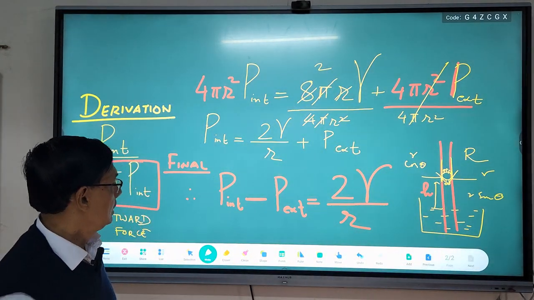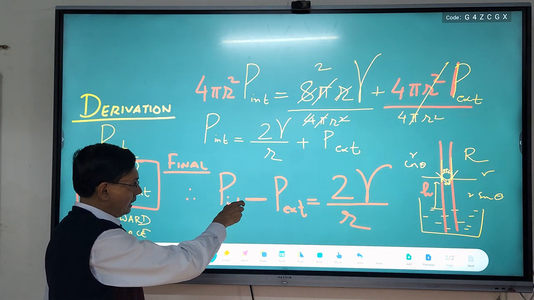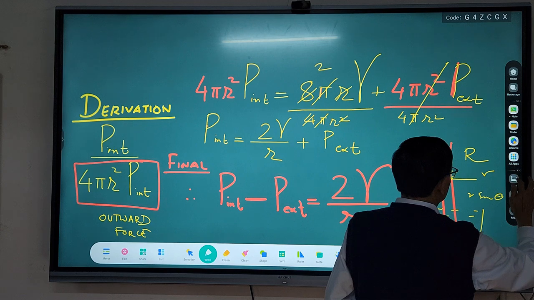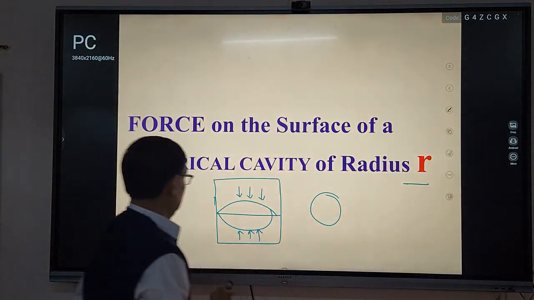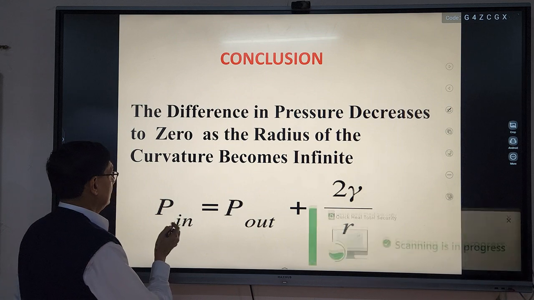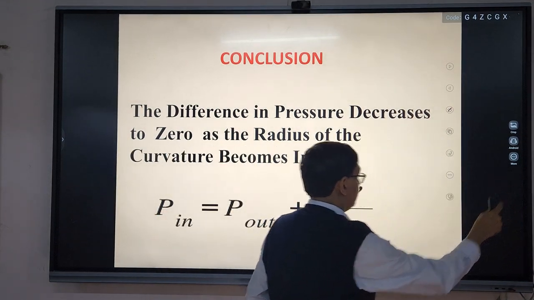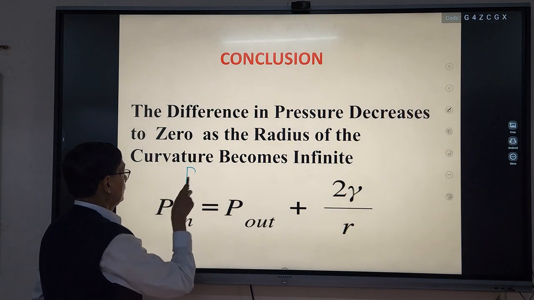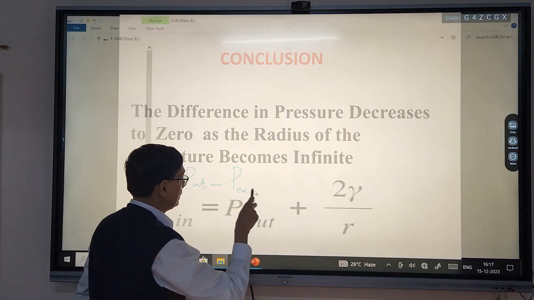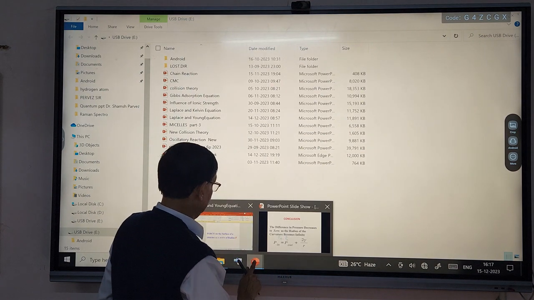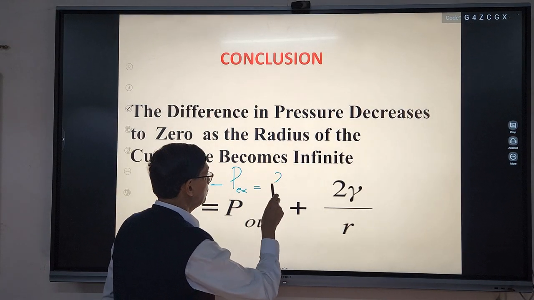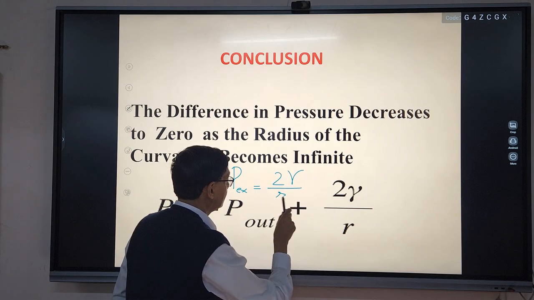So now, the final conclusion is that P internal pressure minus P external pressure, or outer pressure, is equal to 2 gamma, surface tension, divided by R.